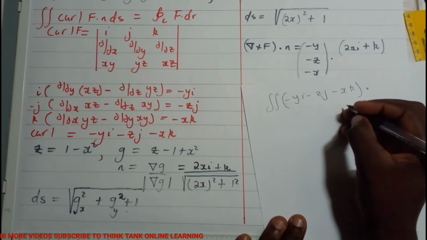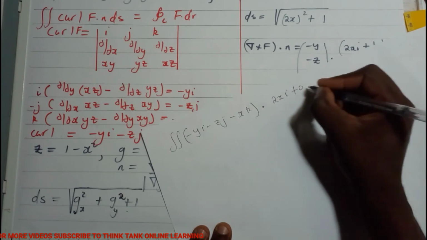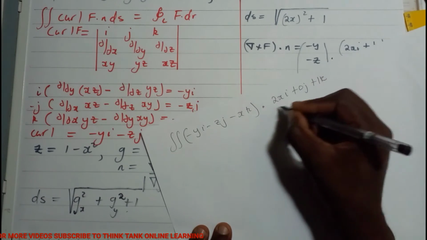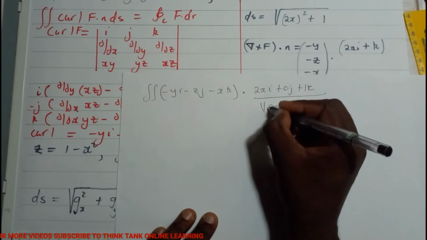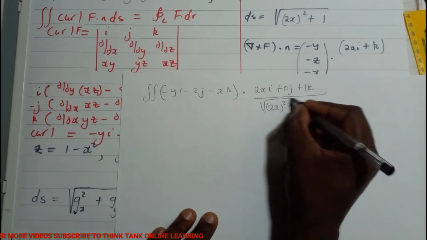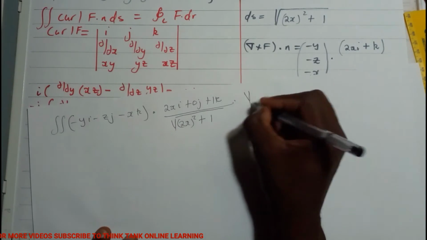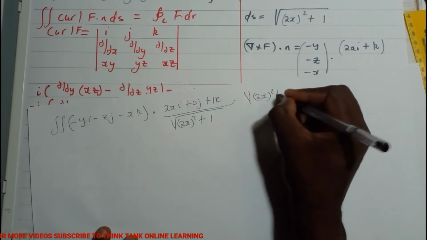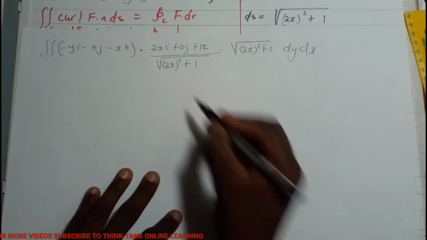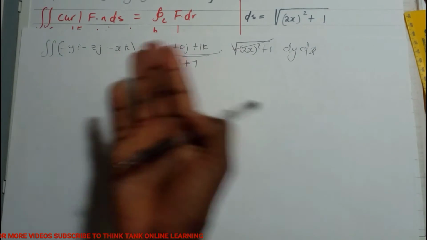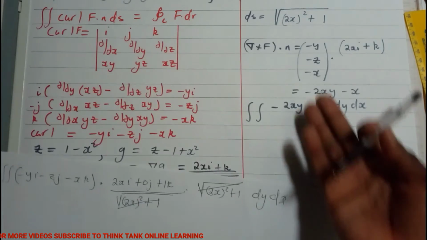Okay, so the normal is 2x i plus 0 j plus 1 k over the square root of 2x squared plus 1. Okay, then we have ds. What is ds? So this is ds, the square root of 2x squared plus 1 dy dx. So as you can see, this and this will cancel. So what we're going to do, I'm just going to find the dot product of this one and this one, and that is what I've just done here.